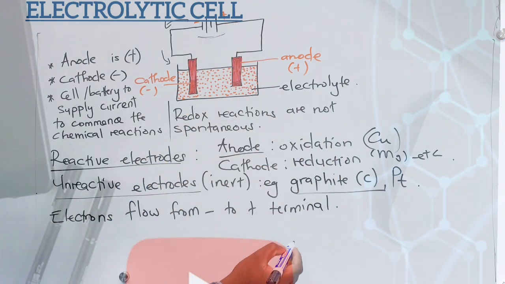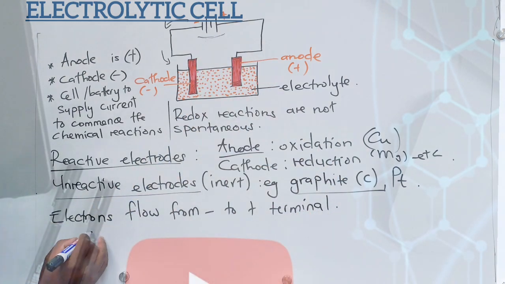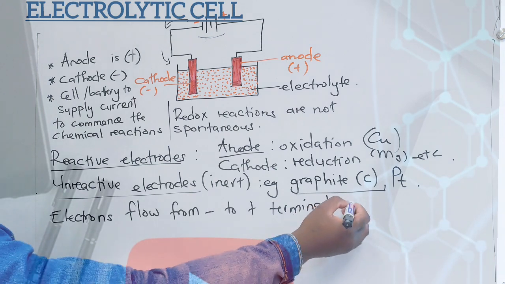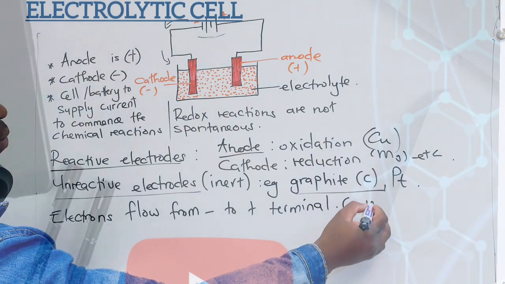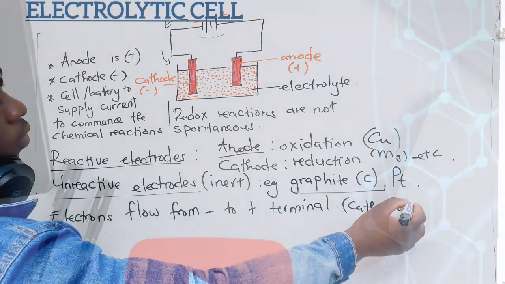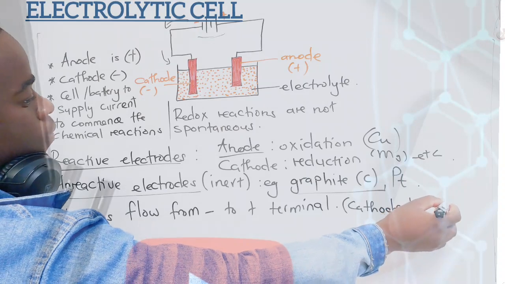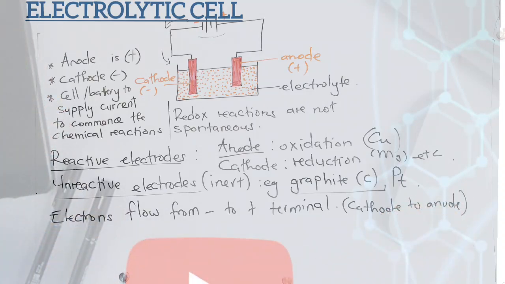This is for the battery. So they flow from cathode to anode. This is the reverse of the galvanic cell.